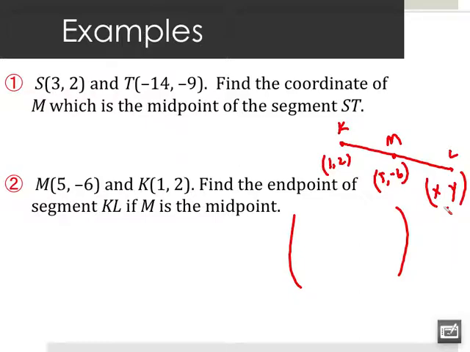Anybody else? How do you find the midpoint? Max? Well, wait, hold on.